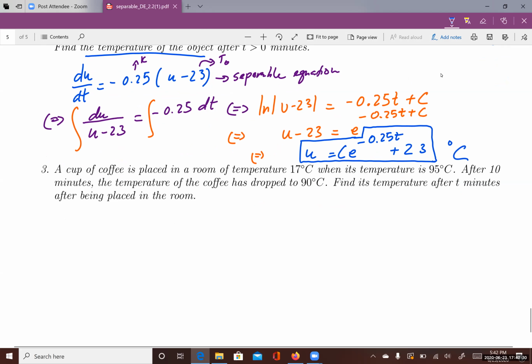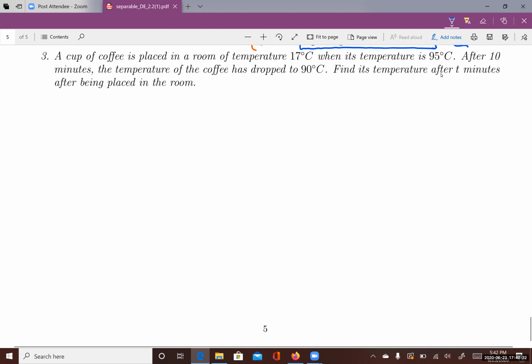All right, let's do the next example. A cup of coffee is placed in a room of temperature 17 degrees Celsius, and its temperature is 95 degrees. Okay. So I just want to write down all the information I know. I know that T0 here is 17. I know that the coffee temperature starts out as 95 degrees.